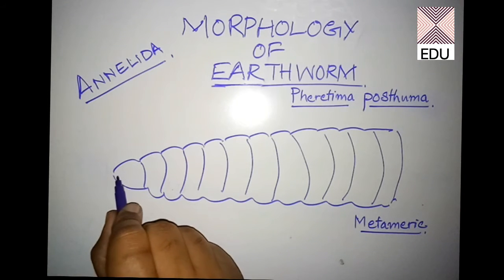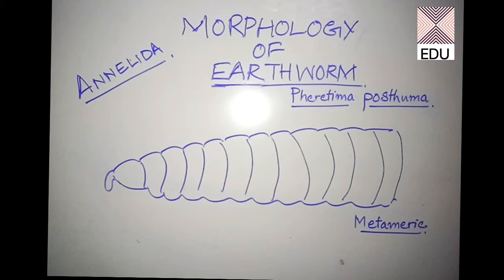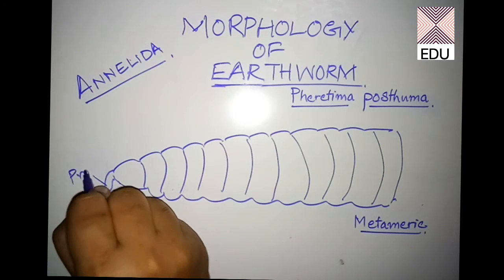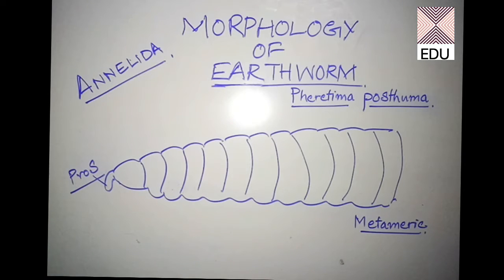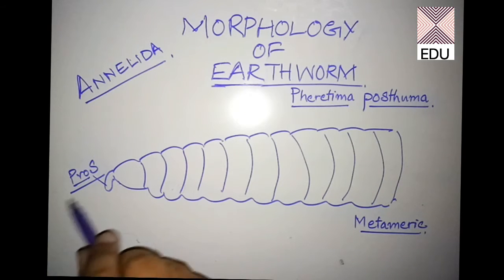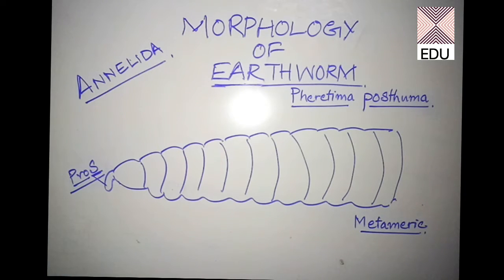Secondly, the very first part, which is protruding out, is called the prostomium. Pro means first and stomium means mouth. So this is a part protruding out over the mouth.